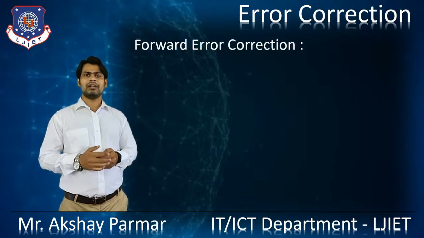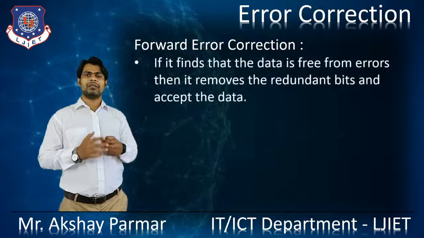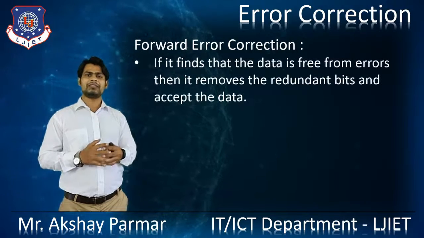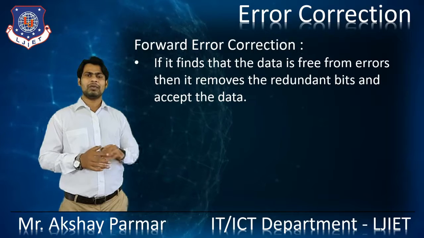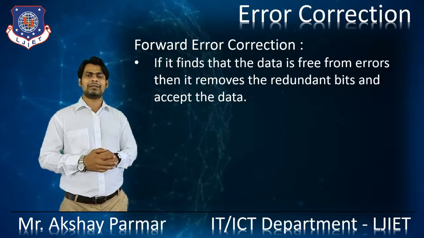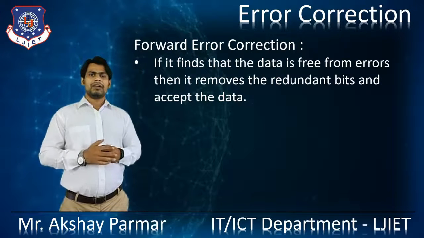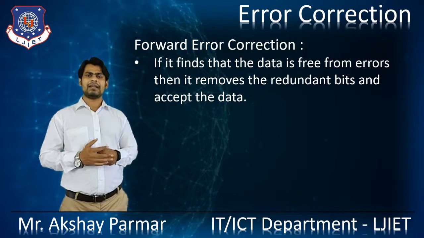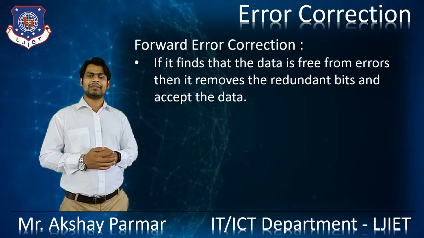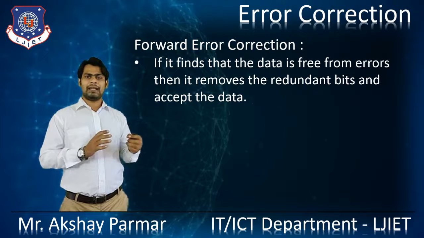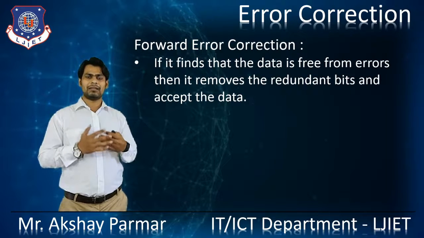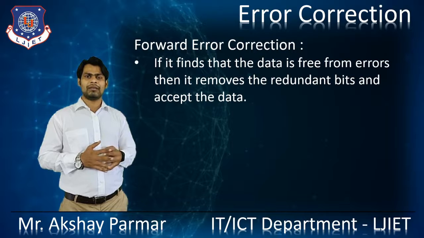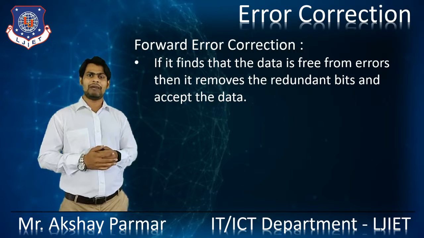If it finds that the data is free from error, then it removes the redundant bits and accepts the data. And if there is an error, it will apply some techniques and get the original data from that. That's how the forward error correction technique works.